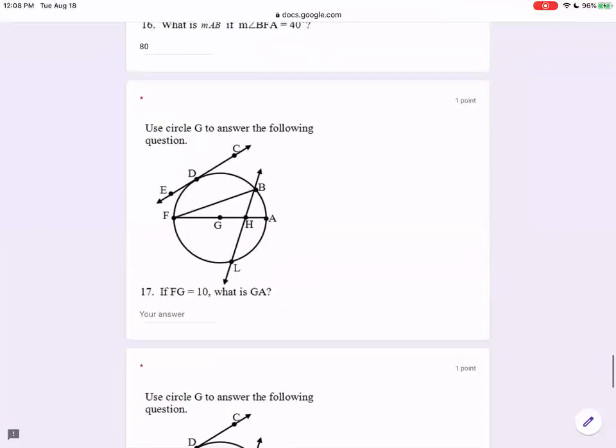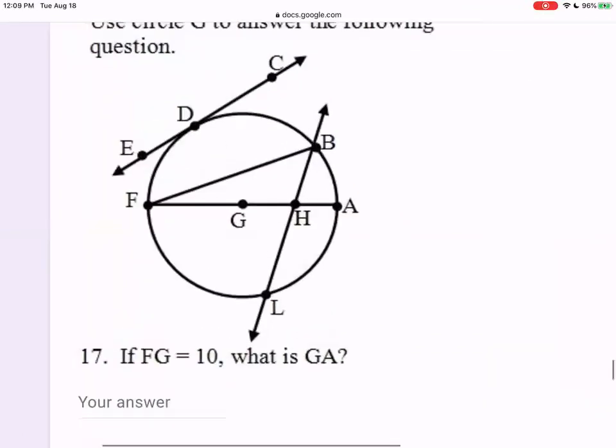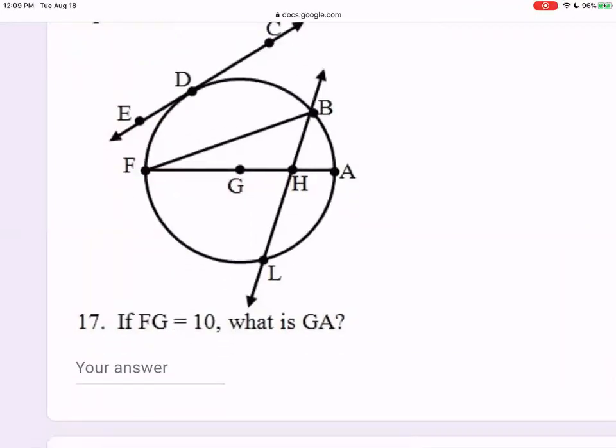Okay. So for number 17, if FG is equal to 10, what is GA? So FG is one of the radiuses that they give us. So from the center to the outside is 10. GA is another radius.